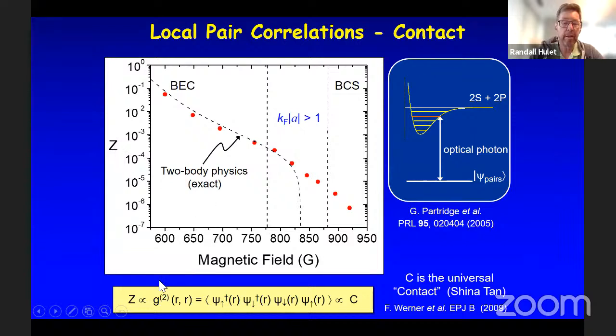And it turns out that Z is proportional to the second order pair correlation function, G2, evaluated at R equals 0. So it tells us effectively how big the pair is. These pairs are very small and have a very good overlap in terms of their spatial size.